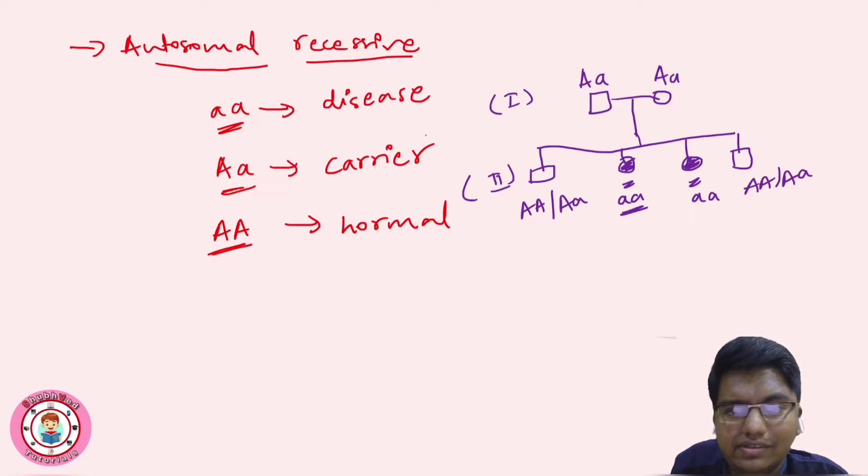So mostly we see this type of thing, like parents are unaffected, but they are having these alleles, right? Heterozygous condition in parents is seen mostly, right? So in this we have to understand autosomal recessive, and we want to first mark it as recessive, like I have marked here first.